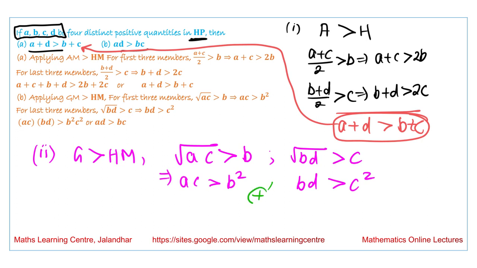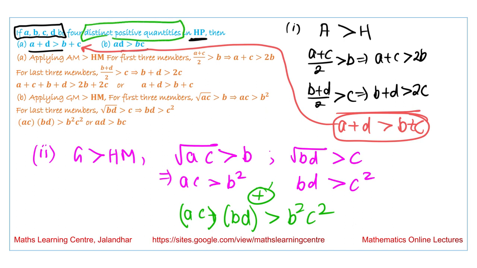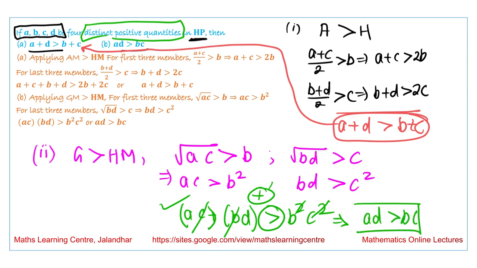Now we are multiplying these terms, so AC times BD is greater than B square C square, because all these terms are positive, so we can multiply these terms and the sign will remain the same. B and C get cancelled and we are left with AD is greater than BC. So this is the second part that we have proved. So if they are in HP, they satisfy these relations.